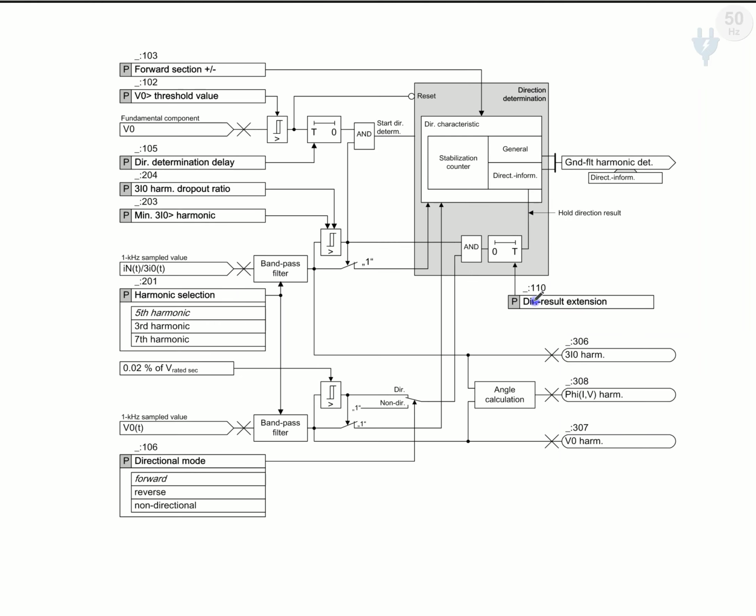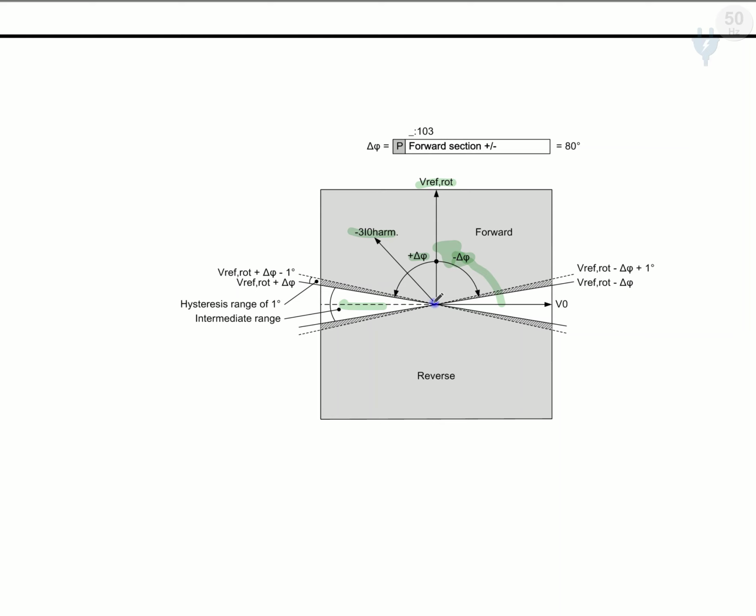In this session, we will discuss the direction result extension. Sometimes we need our selected direction to be held. For example, the harmonics of zero sequence current fall in this area, and our system detects a forward direction.